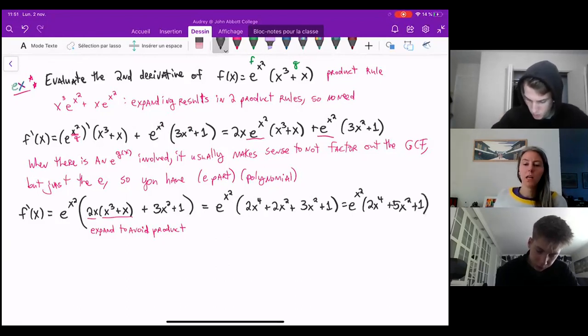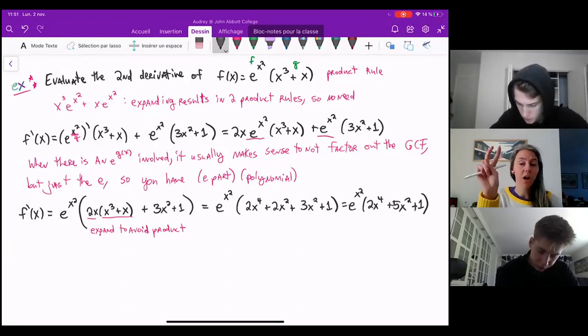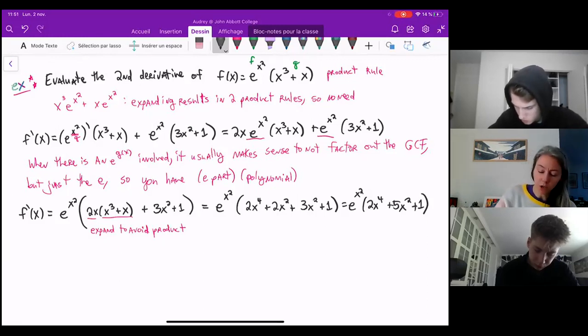Now, is the result a simpler derivative than what it was before I simplified? Now I have one product rule. Before, I had two product rules, and one of those product rules was a product of 3 different things. The simplified form of the derivative is much simpler.